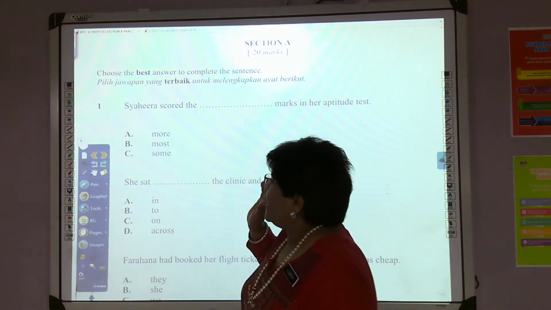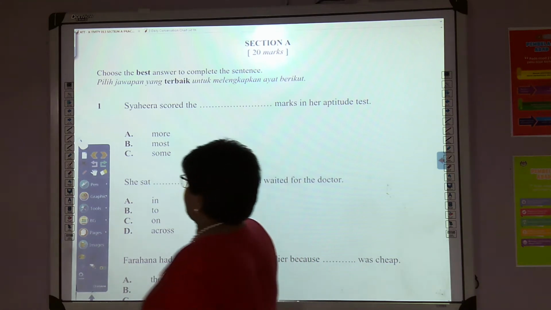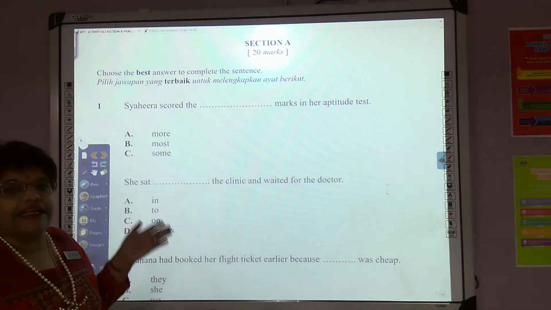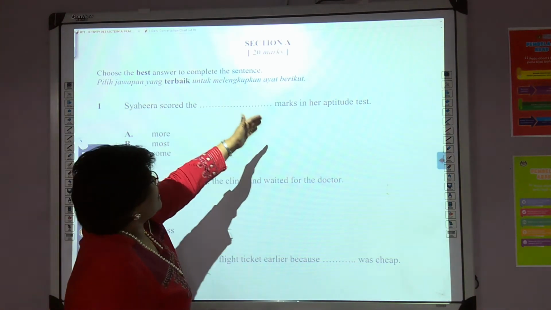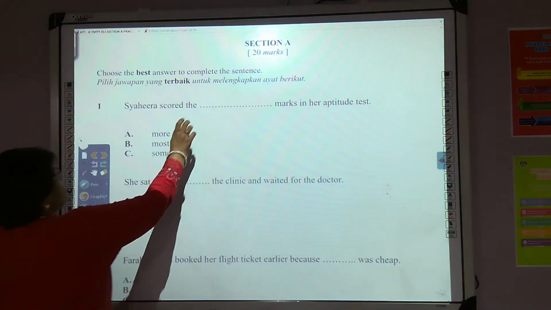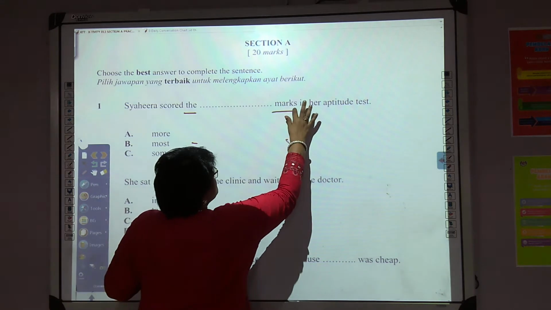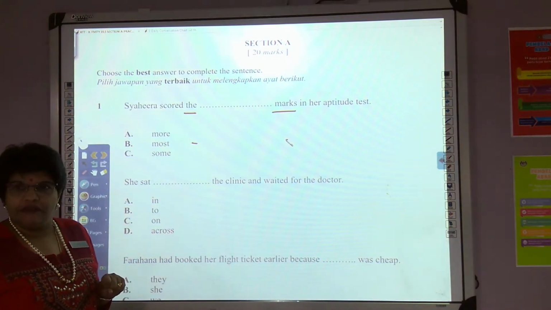You have to identify the keywords in the question. Keywords will guide you to the correct answer. Here, the keywords are "the" and "marks". These two are the keywords.